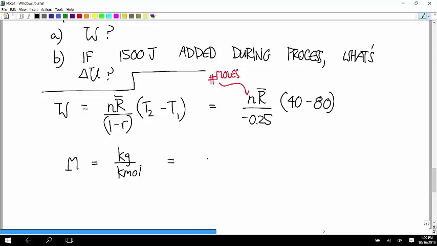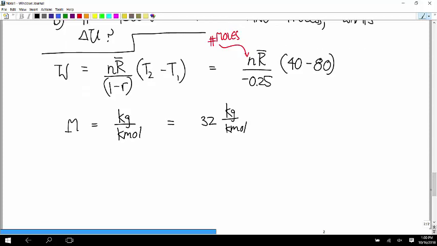So 32 kilograms per kilomole, or 32 times 10 to the negative third kilograms per mole.